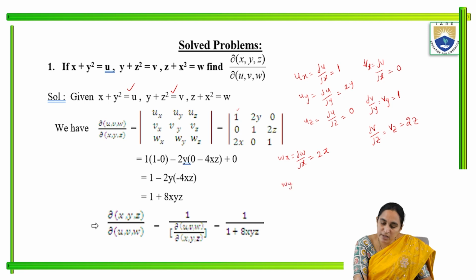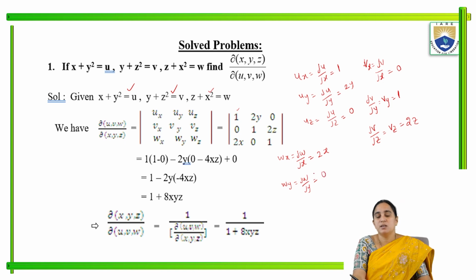And wy, that is ∂w/∂y: w differentiated with respect to y. There is no y variable in the function, so directly that value is 0. Next, wz, that is ∂w/∂z, is equal to 1. Therefore wx is equal to 2x, wy is equal to 0 and wz is equal to 1.